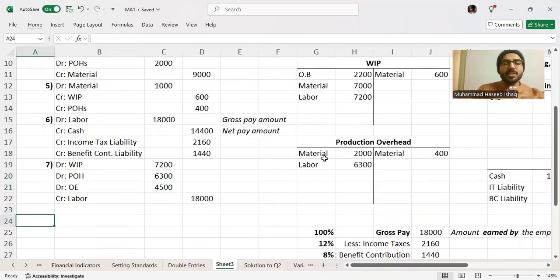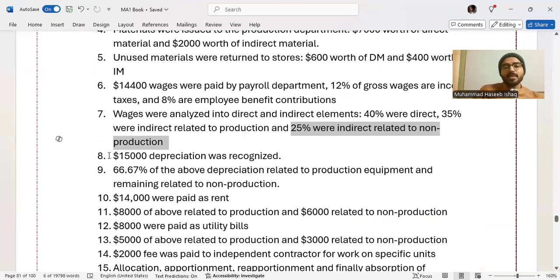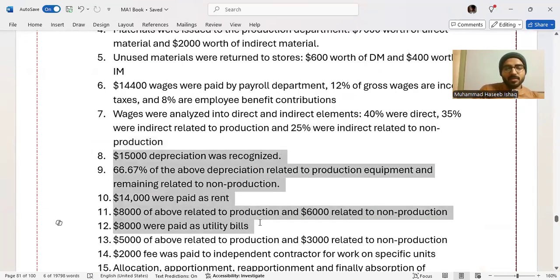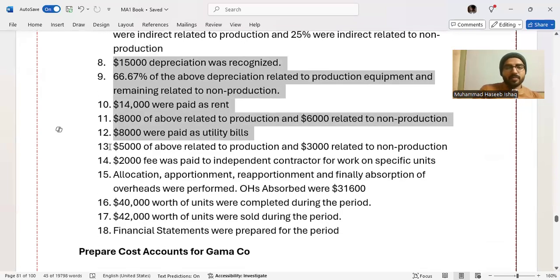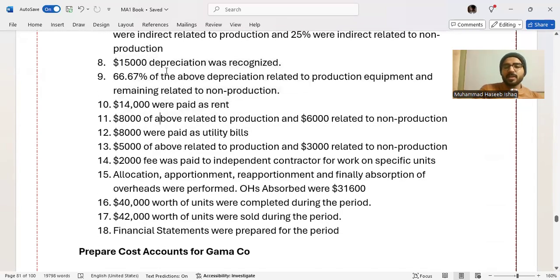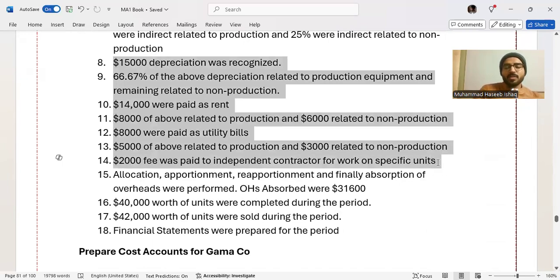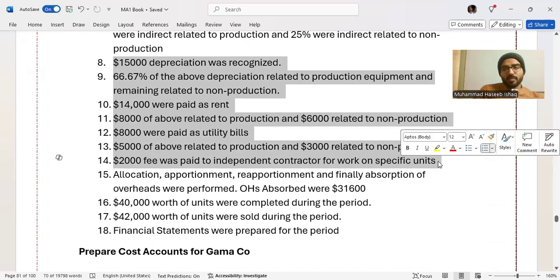So this was the seventh transaction. In the next video, we will do the eighth transaction and the ninth, 10th, 11th, 12th, 13th, and 14th transactions. These are very similar in nature and very easy. This transaction was a bit tricky, a bit difficult, because it required understanding of a previous concept of gross wage and net pay calculation.